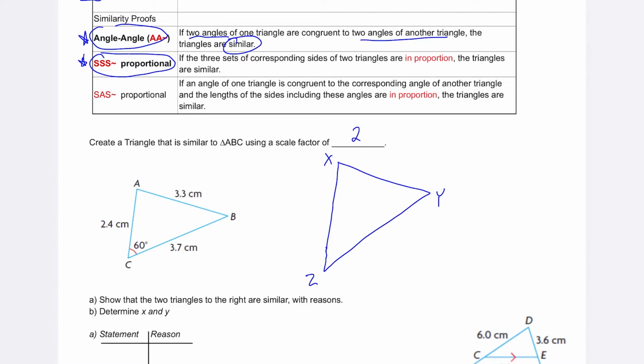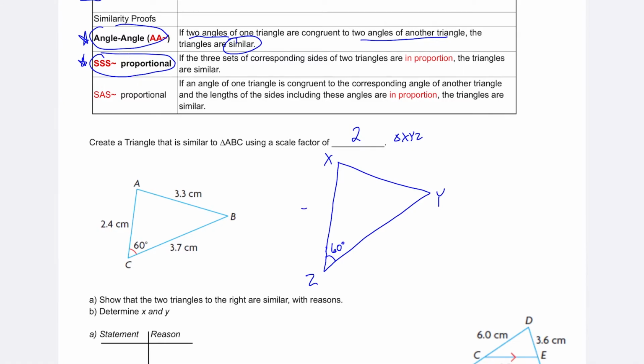Okay, so if these are equal, and I'm going to get them in the same order here, X, Y, Z alphabetically, we would know that C is equal to Z. So this right here would be 60 degrees. Because the scale factor is 2 does not mean that the angle becomes twice as big. Just the side lengths become twice as big.